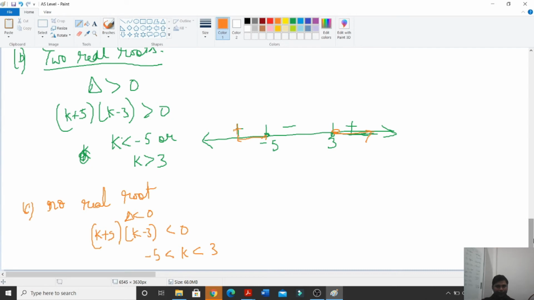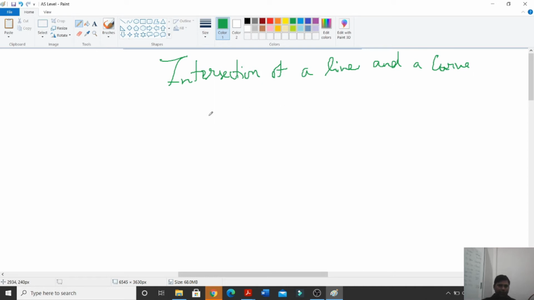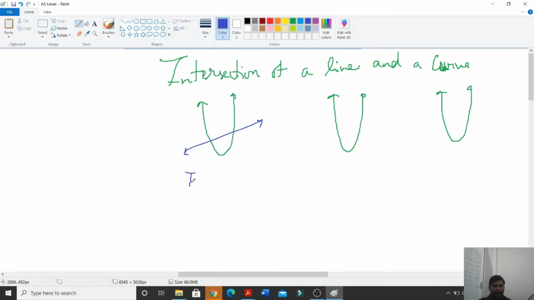It's very simple. Now we are going to learn intersection of a line and a curve. And here the curve will be a quadratic curve, that's a parabolic curve. So how can a line and a quadratic curve intersect? A quadratic curve is parabolic and a straight line. So they can intersect like this: two points of intersection.